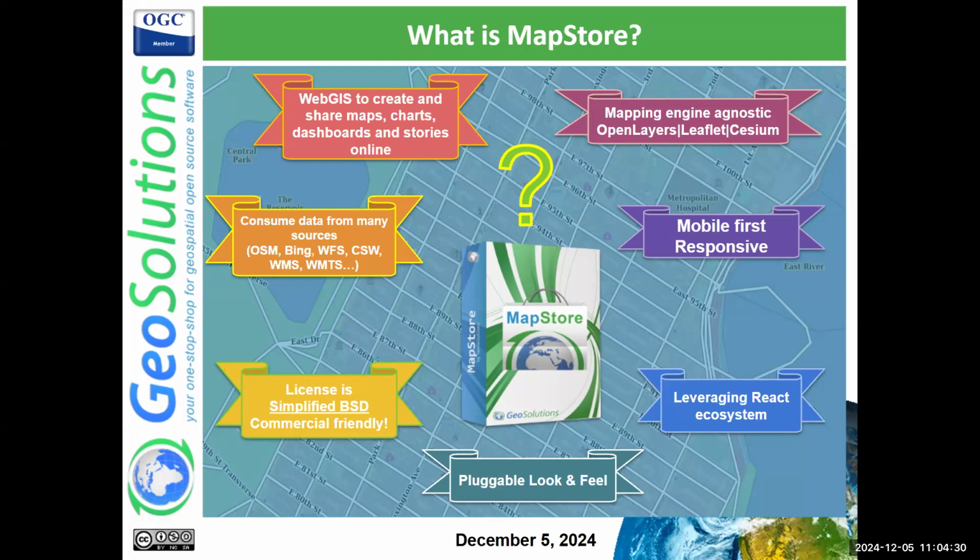It's built to consume many kinds of data sources, working on top of OGC standards, mainly, and the framework developed with React is designed to be agnostic to provide support to different mapping engines. Its theming system finally allows powerful ways to customize the look and feel, to easily adapt it to branding colors and themes where MapStore needs to be embedded or used.